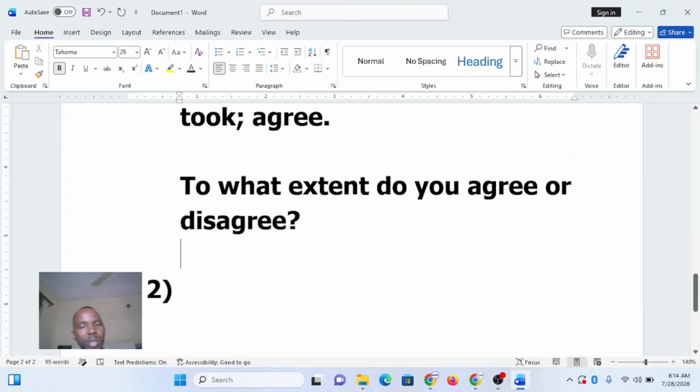Remember that it is one you will see, it's not like you see all of them. Now, if the prompt says to what extent do you agree, that means they are giving you 3 variations here or 3 possible answers.